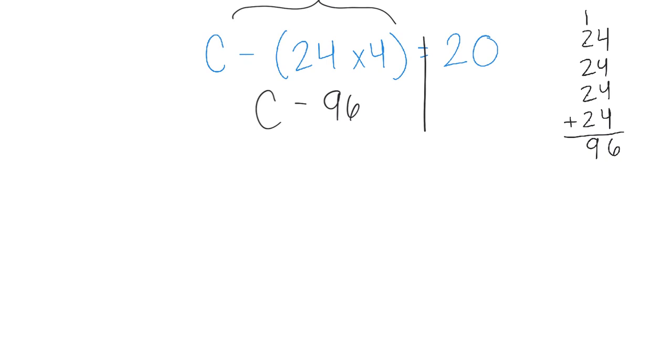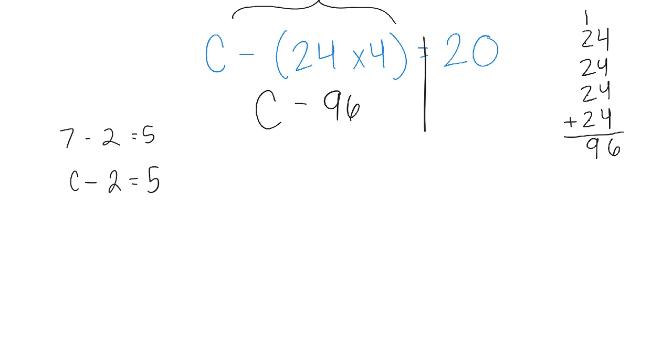I'm getting closer. Something minus 96 equals 20. If I said C minus 2 equals 5, or what minus 2 equals 5, I'm sure you would easily answer 7. But how did you get that? How did you know that this is actually 7 minus 2 equals 5?